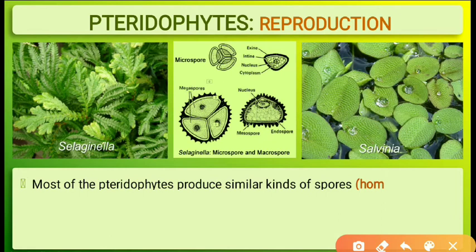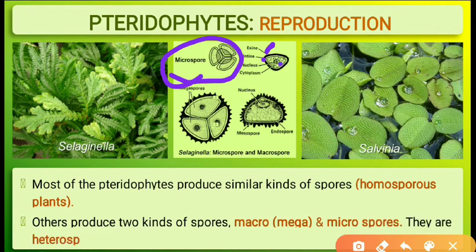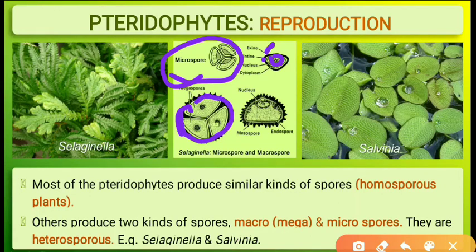Here given these are the microspores. A microspore has an outer layer called exine, an inner layer intine, and a centrally placed nucleus surrounded by cytoplasm. This is of Selaginella. This is a megaspore. Megaspore means female gamete and microspore means male gamete.